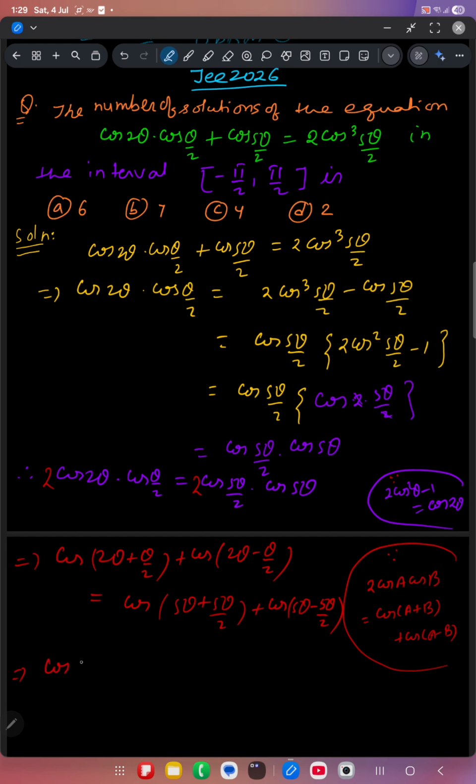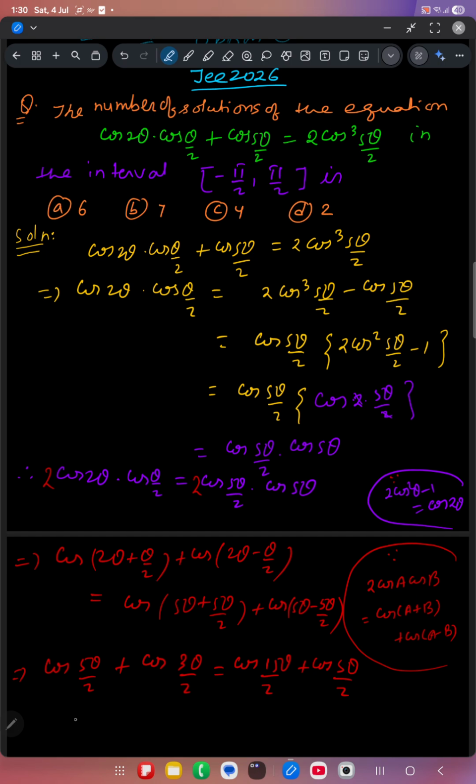So left side, cos of 5θ/2 plus cos of 3θ/2 is equal to, on the right side, cos of 15θ/2 plus cos of 5θ/2. Because 2 fives are 10 minus 5, here 2 fives are 10 plus 5, 15.